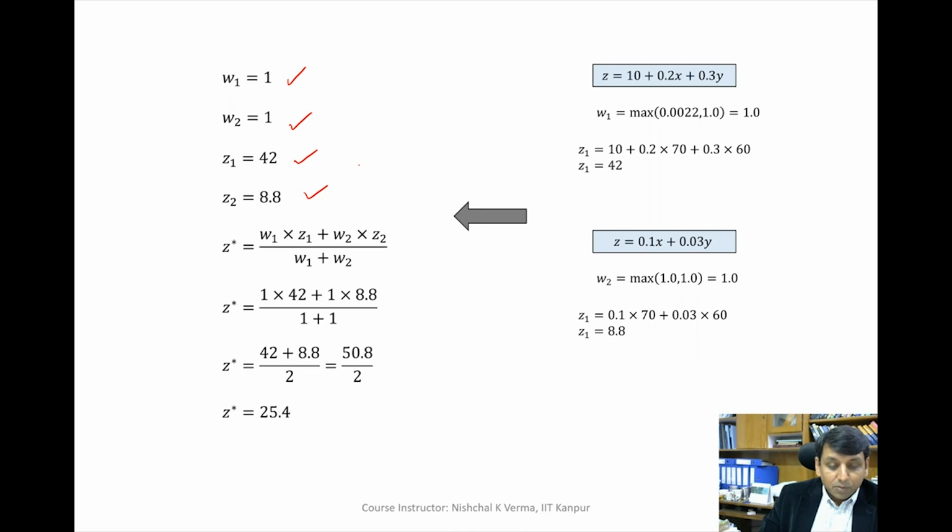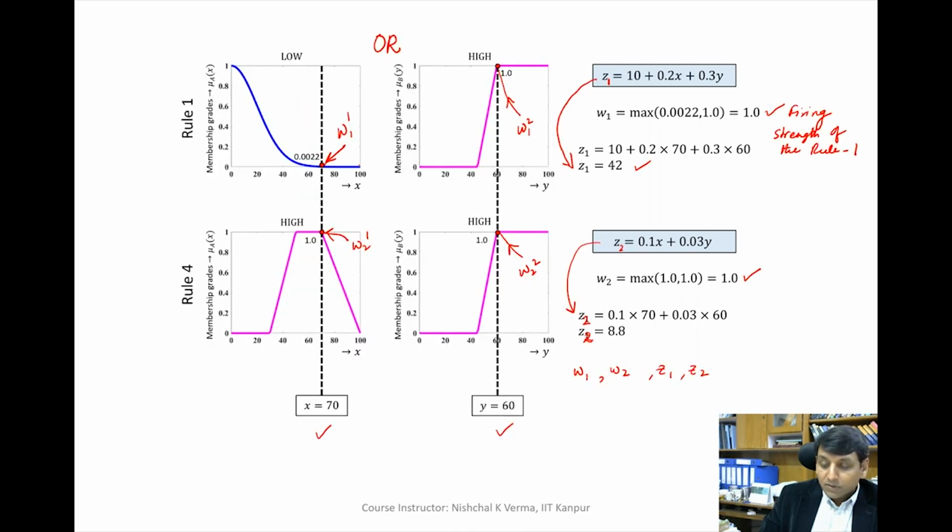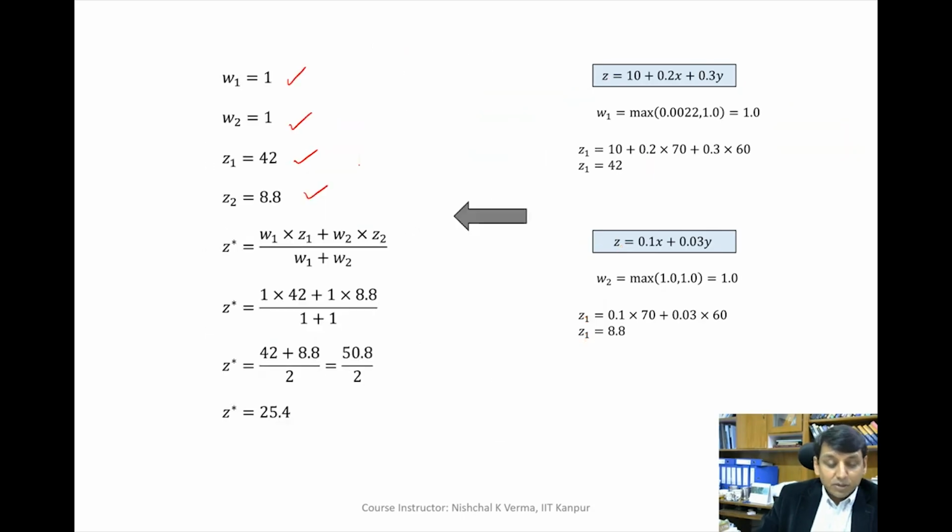So we have W1 is equal to 1, and then W2 is equal to 1, Z1 is equal to 42, Z2 is equal to 8.8, and when we take the weighted average, we are getting 25.4.